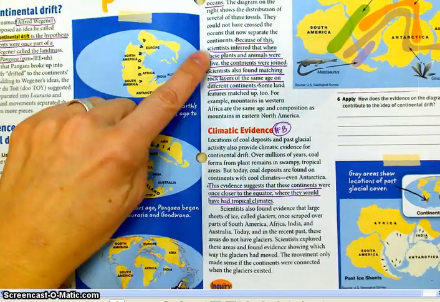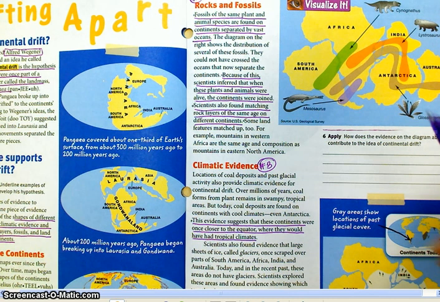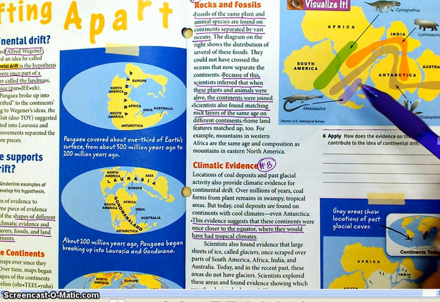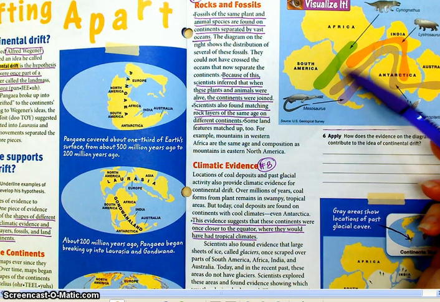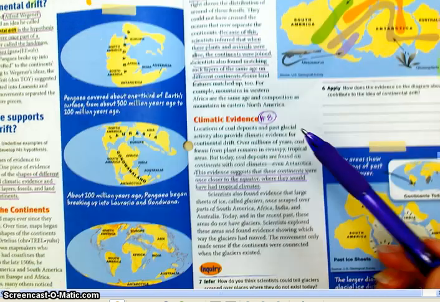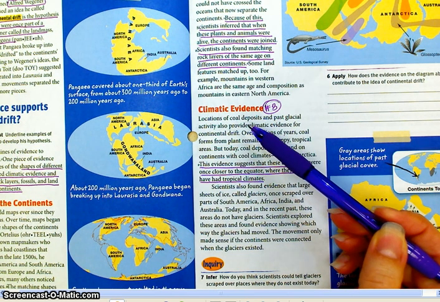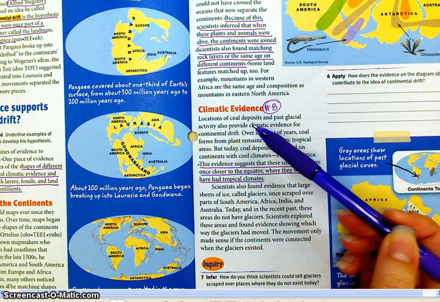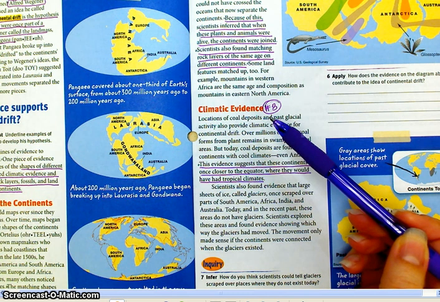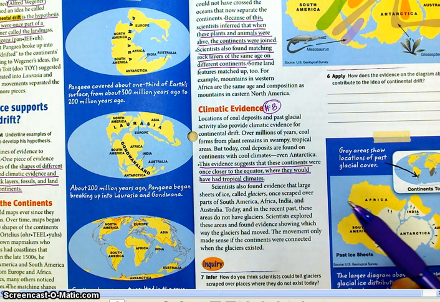We have similar rocks and fossils that are being found on different continents, and they could not have made the trip across the ocean if the continents were in the location that they currently are in. And then we also have climatic evidence, for instance, coal deposits on continents where we would not normally have coal formation these days because the climate's too cold. And also we have evidence from glacier deposits.